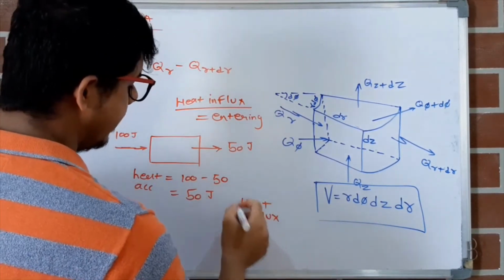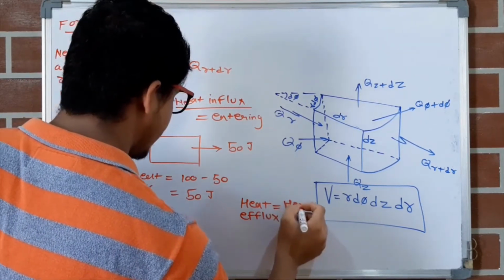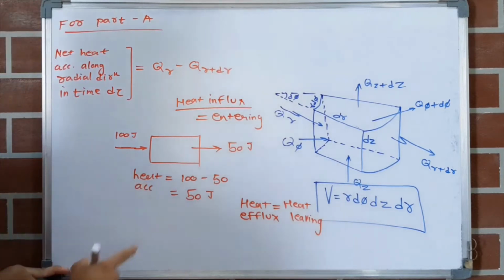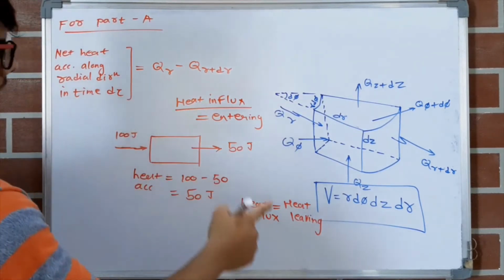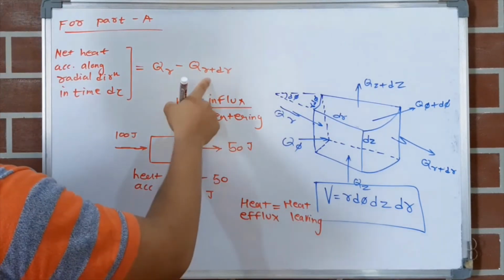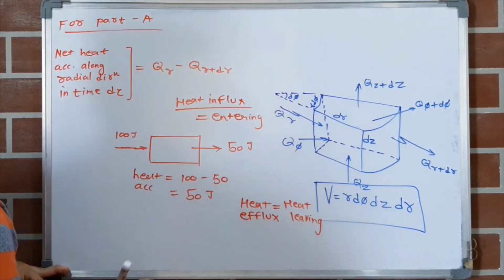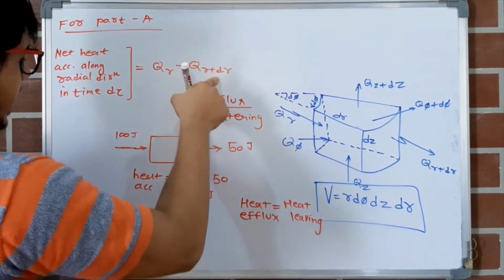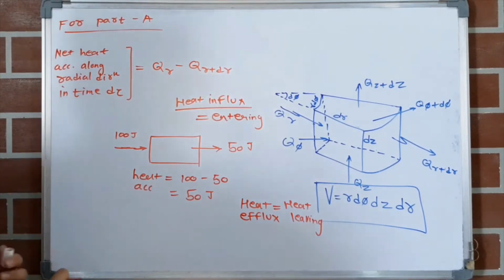So this term means heat leaving. Okay, so you can also write heat influx is Q R and heat efflux is Q R plus dr. So net heat accumulated will be Q R minus Q R plus dr. Okay, so I hope you understood.